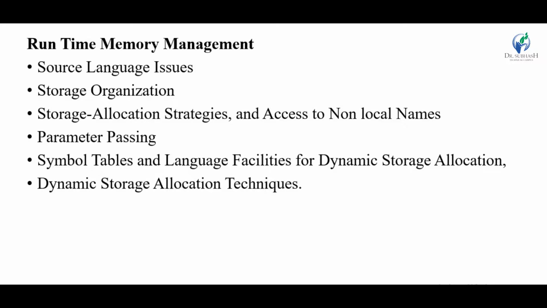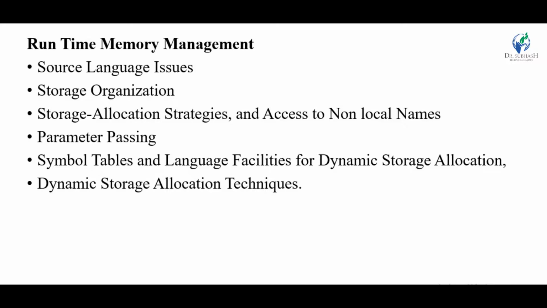Then symbol table and language facilities for dynamic storage allocation. Then what is symbol table? Symbol table is a data structure used by compiler to keep track of semantics of a variable.